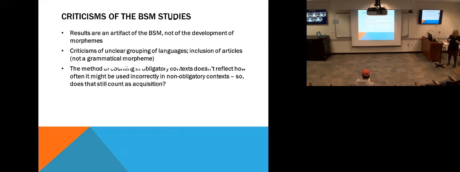Okay, remember how they... Someone say back to me how the BSM says you've acquired. What do the learners have to do for you to say, check, they've acquired it? You have to produce the form of the morpheme. Right, when you get asked.